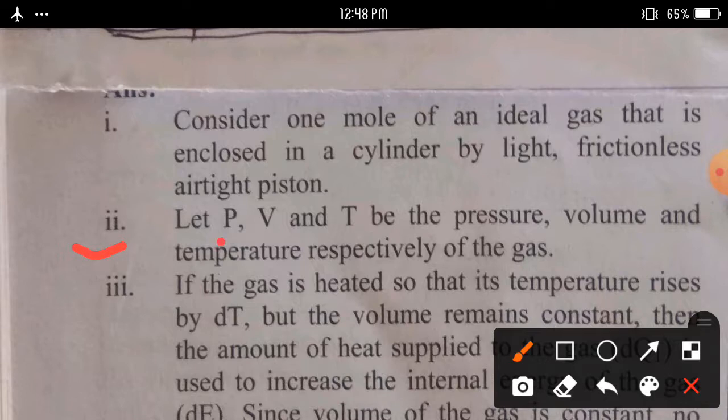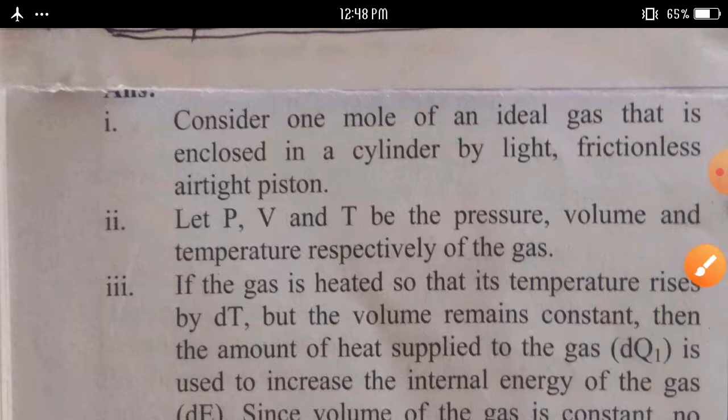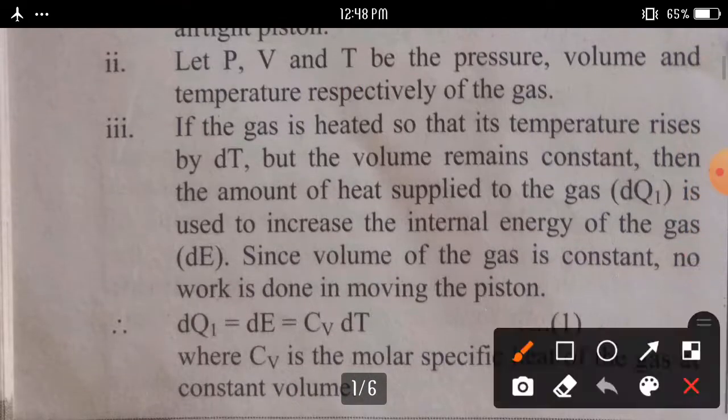Let capital P, capital V and capital T be the pressure, volume and temperature respectively of the gas. If the gas is heated so that its temperature rises by dT but the volume remains constant, then the heat supplied to the gas, dQ, is used to increase the internal energy of the gas.